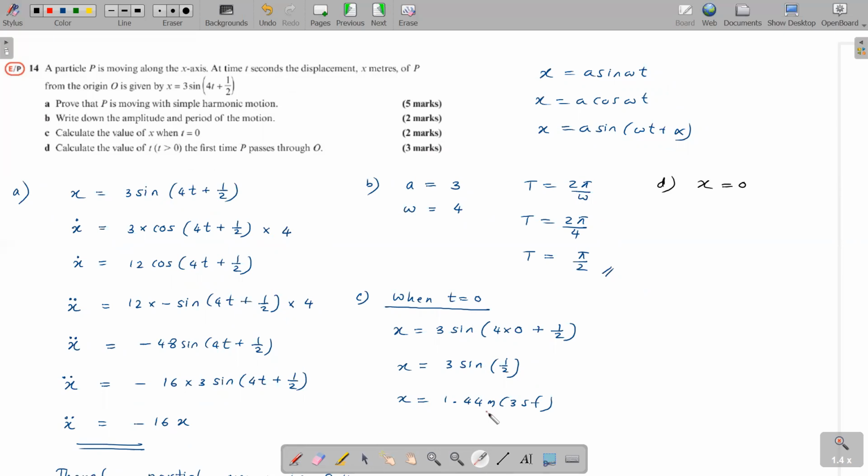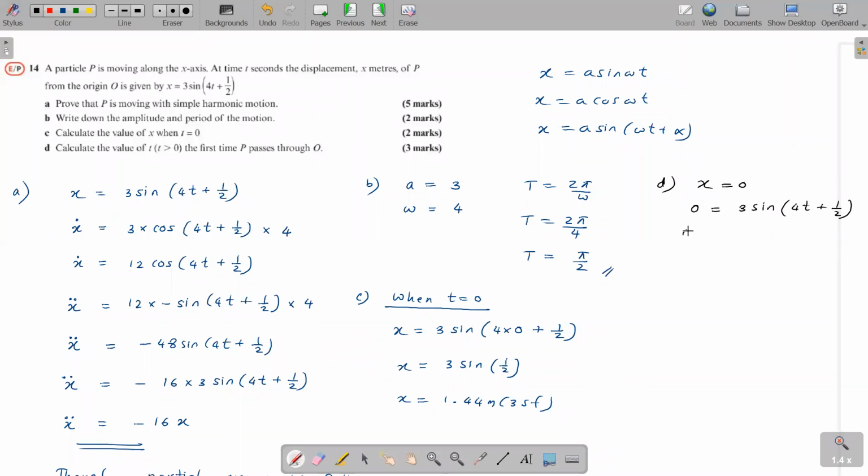So they are asking you to find the time taken for the particle to first pass through O. So first passing through O means you set x to 0 and input the equation: 0 equals 3 sine of 4t plus half. Guys, are you with me?